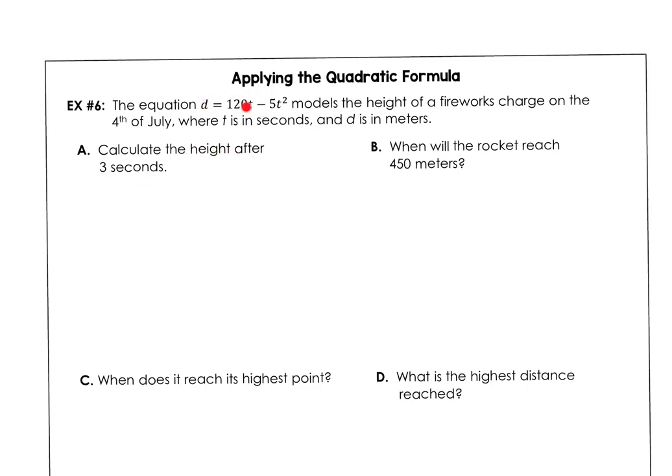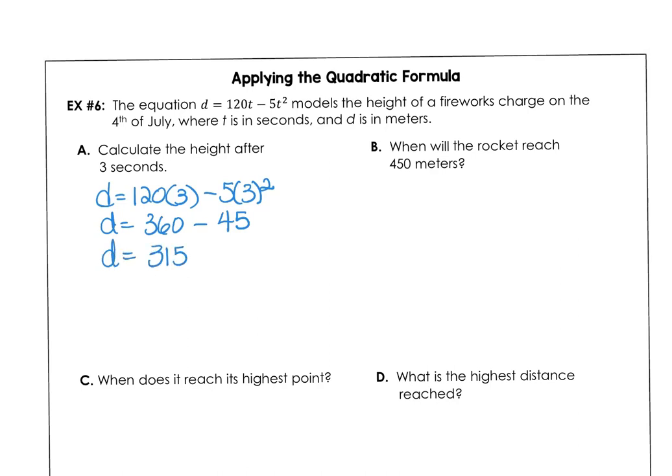So we're going to substitute 3 in the place of the t's. So the distance is 120 times 3 minus 5 times 3 squared. So this distance is 360 minus 9 times 5, so that's 45. The distance is 315 meters in the air.